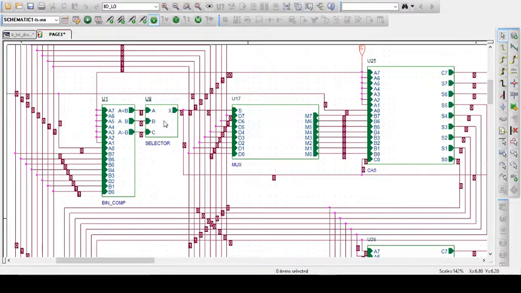If the inverse is true, if A is less than B, then the two inputs, the A equals to B and A is greater than B, are going to be 0, and so the two inputs on the NOR gate are going to be 0, which means the NOR gate output will be high, and so the NAND gate will have two high inputs, which means the output will be low.